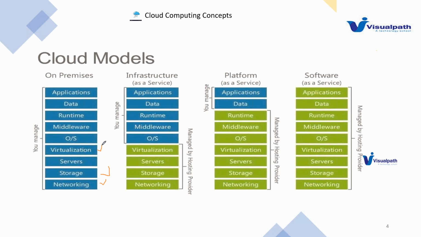We need to buy the virtualization platforms, and after that maintain the OS, OS patches, and OS licenses, and manage middleware software licensing. We also need to manage the runtimes like Java or .NET. So we need to manage everything.